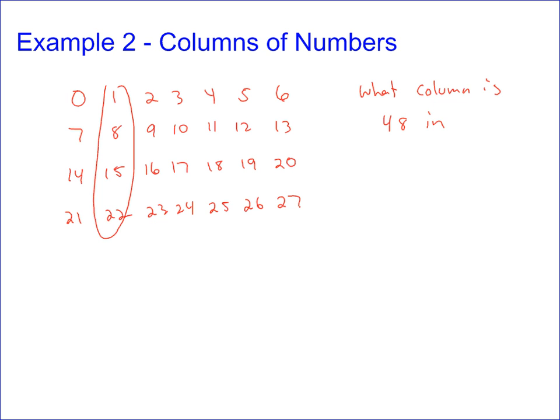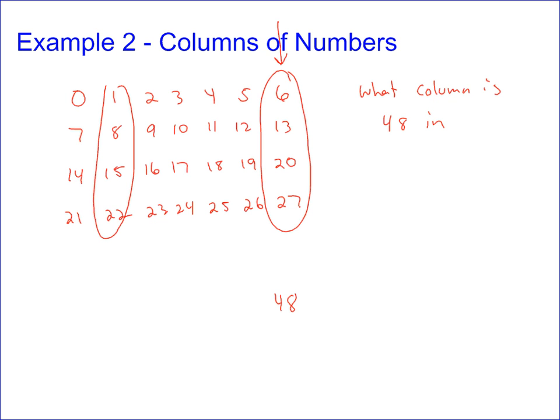And if you notice, each one of these, if I divide by 7, I get remainder 6. 13 divided by 7 is 1 remainder 6. 20 divided by 7 is 2 remainder 6. If I divide 48 by 7, I get 6 remainder 6. And so it ends up in this remainder 6 column.